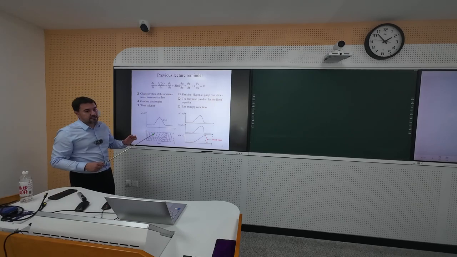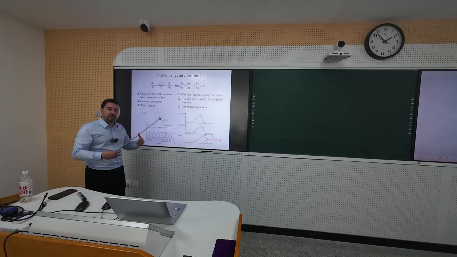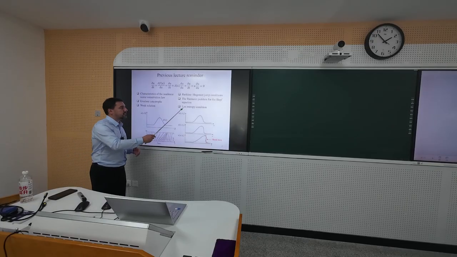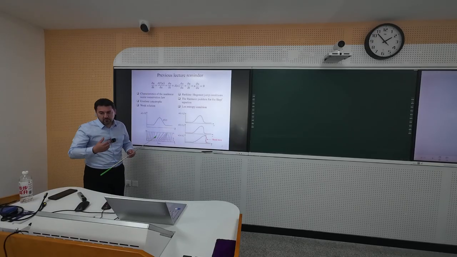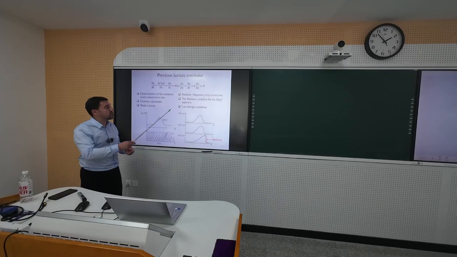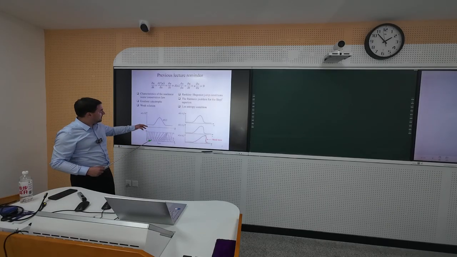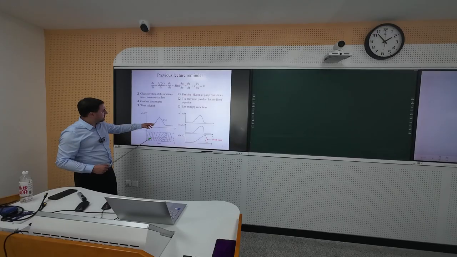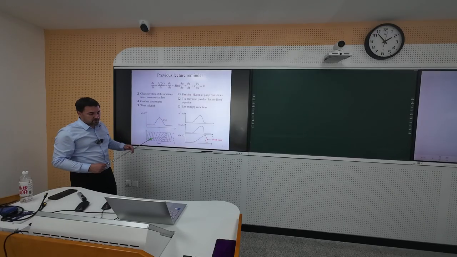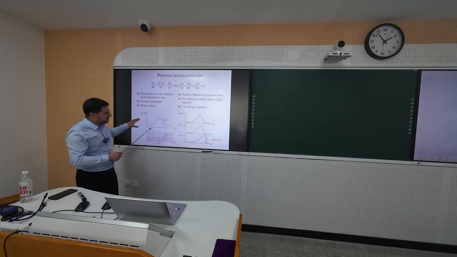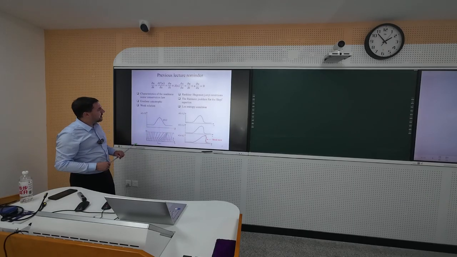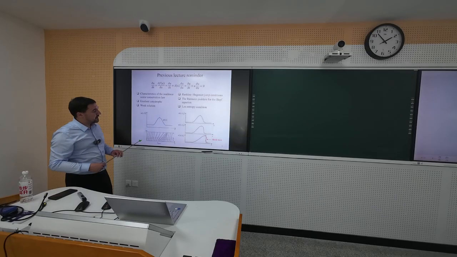We discussed that we should add an additional condition, called the Lax entropy condition, to choose the correct solution of the Riemann problem, in the case when u was equal to 0 here and 1 here, so it was less to the left of the discontinuity. So this is the reminder of the previous lecture.